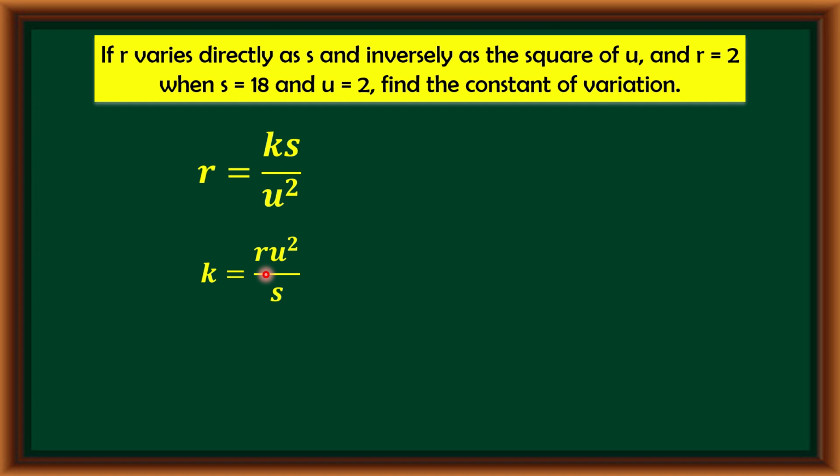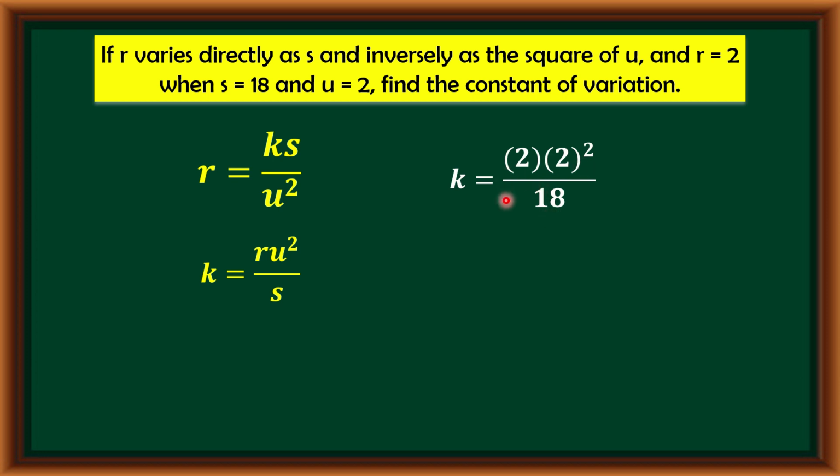Now that we have this one, let us substitute the value of r, value of s, and value of u in our equation. Let us see if we will arrive at the answer 4 over 9, the same as the first activity. So we have here k is equal to 2 for the value of r and 2 again for the value of u squared over 18 for the value of s.